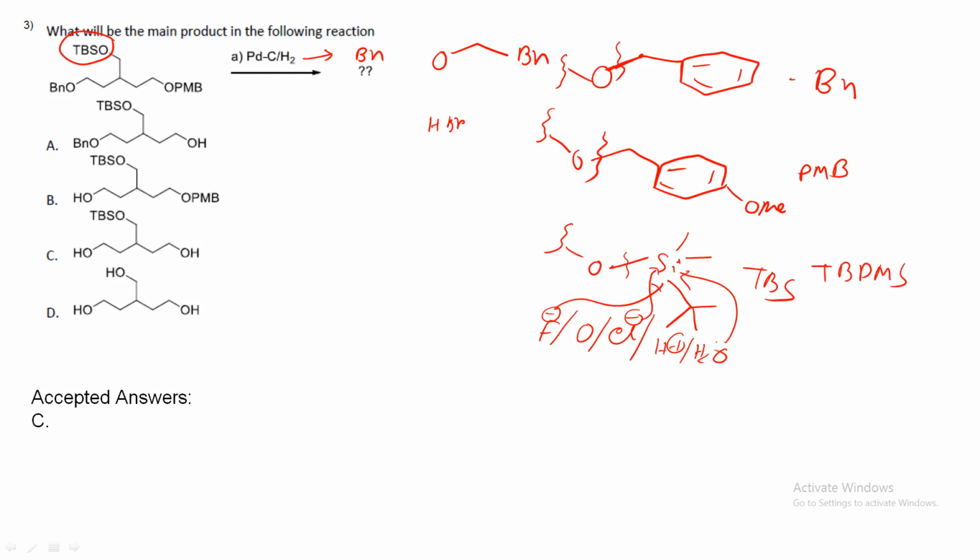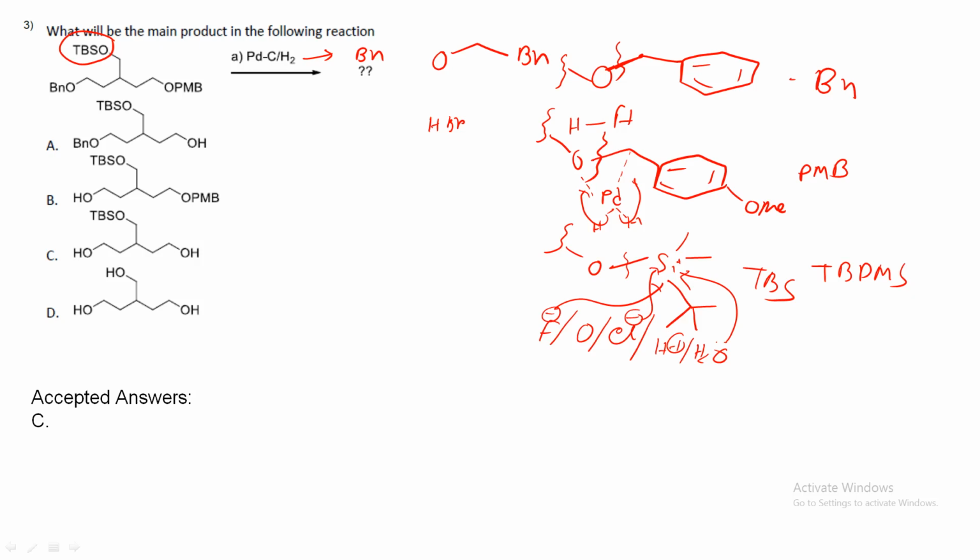How does the palladium charcoal work? There are many proposed reaction mechanisms, but you can just think of one: palladium, with a kind of oxidative addition, then hydrogen is there, and after that the reductive elimination followed by migration would generate the alcohol, followed by the CH3. That's how this deprotection happens.